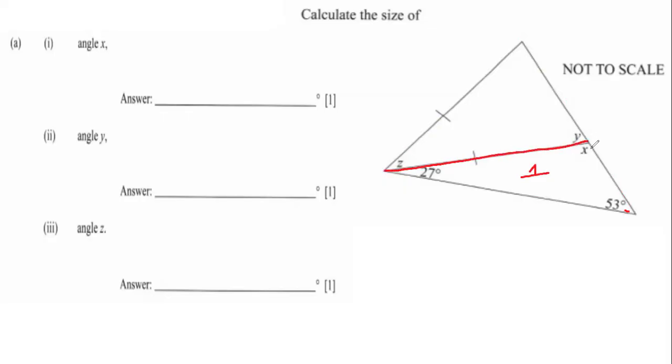What do we know about angles in a triangle? They add up to 180 degrees. Very good. So that means that we have to add 27 and 53, right?